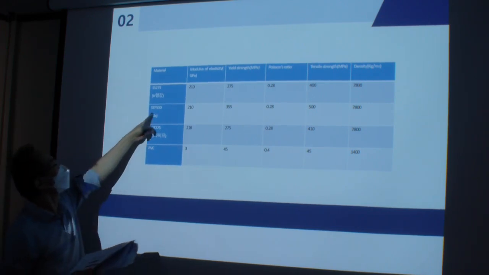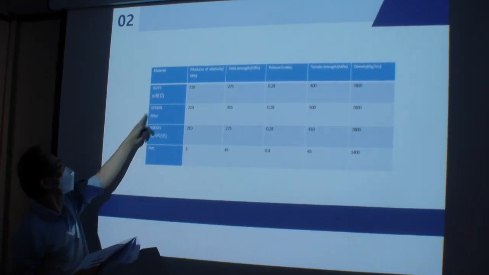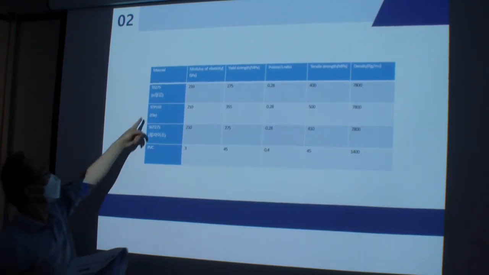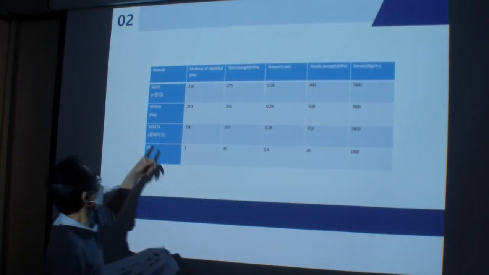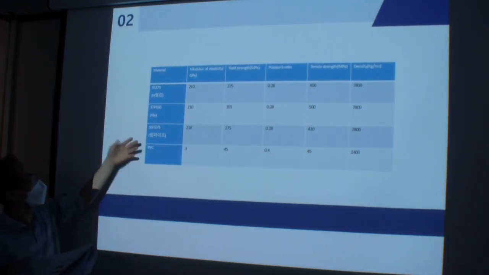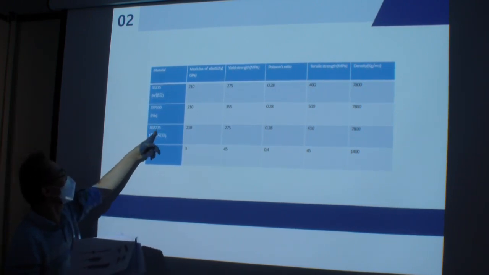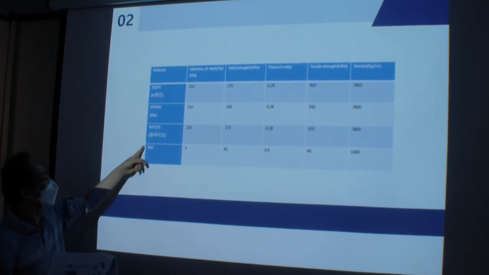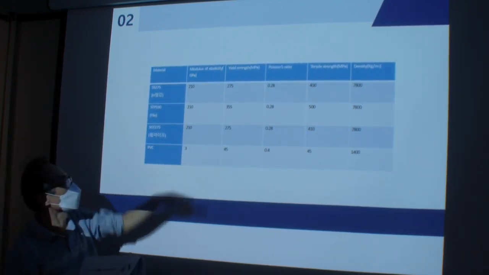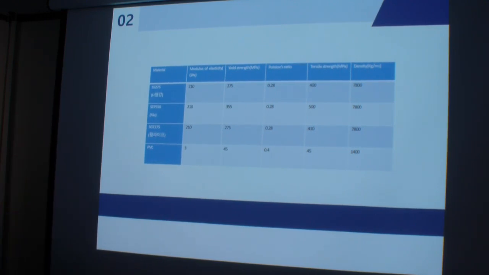And for the pile cases, we use a kind of steel called SDP 550. For the pipe, we use SDP 275 steel, and we also use PVC. Before we analyze, we apply the numerical scheme, so we have to understand the material characteristics.